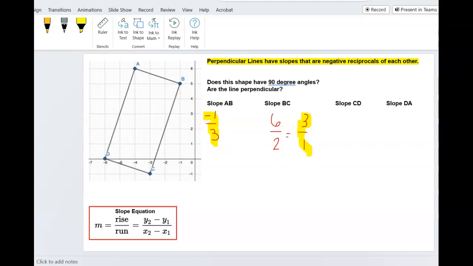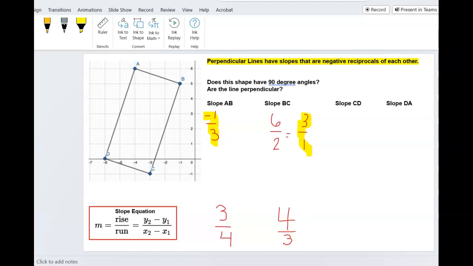So down here at the bottom, I'm going to do just a made up example. Let's say I have a slope that's 3/4. The reciprocal of 3/4 is 4/3. So when you take the reciprocal of a fraction, you flip it around. So that's the reciprocal.